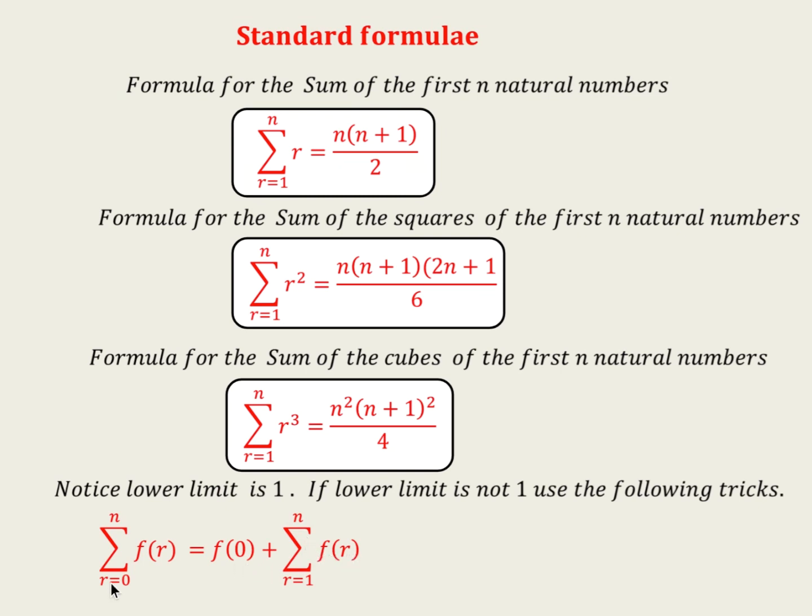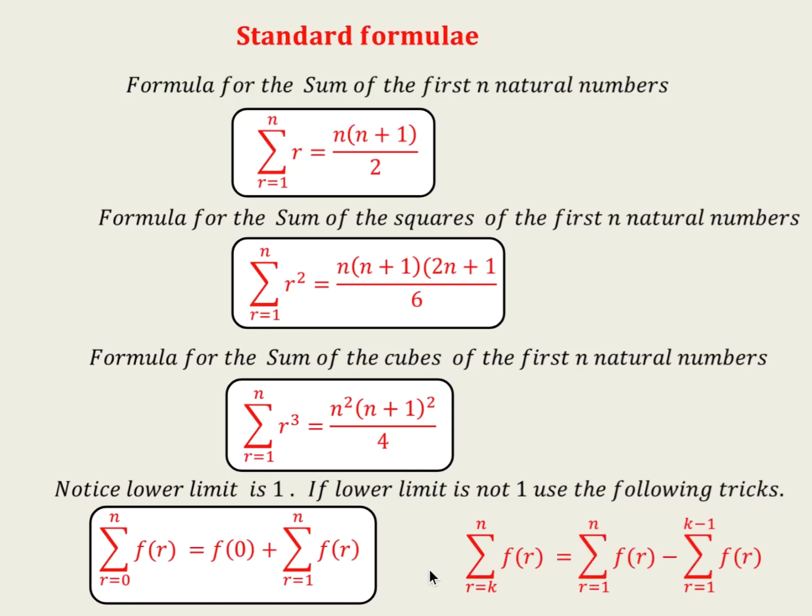So when the lower limit is 0, you first write out the term in which r equals 0 plus summation from r equals 1 to n of f of r. From there now you can apply the appropriate formula to evaluate this other sum before adding f of 0 to the result. So that is how you will be treating this case.